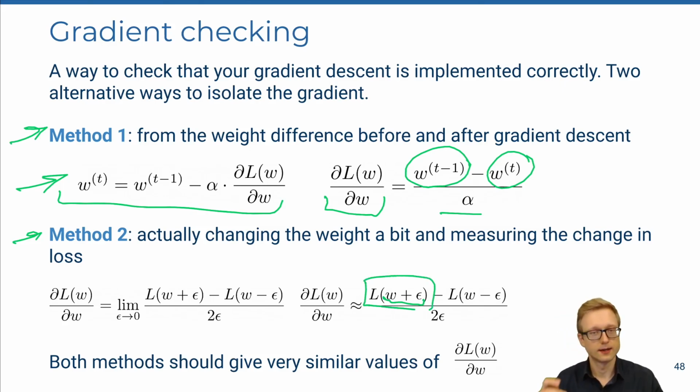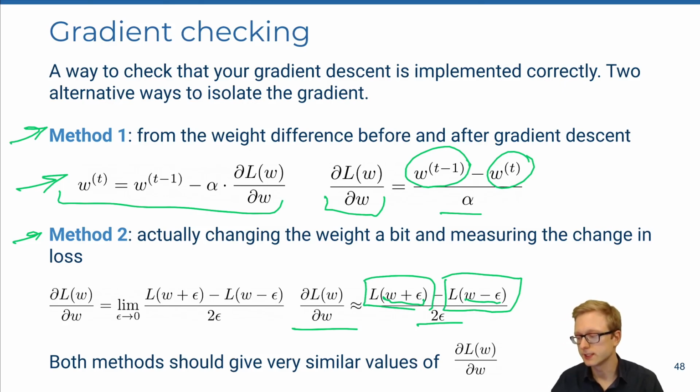We then go back to the original network and we change the weight in the opposite direction. So now we subtract the epsilon, and again we measure the loss at the very output. We take the difference of these two and divide by 2 epsilon. And by the definition of the partial derivative, we get a value that approximates the partial derivative itself.